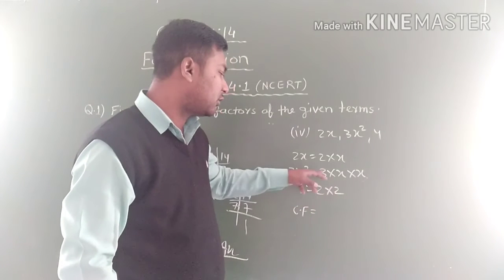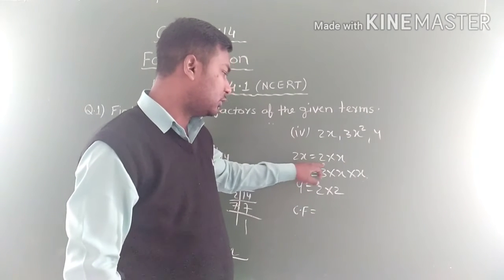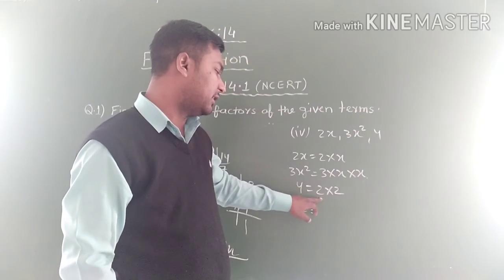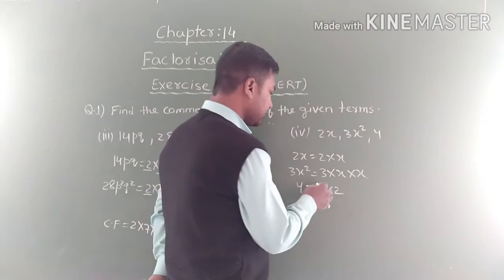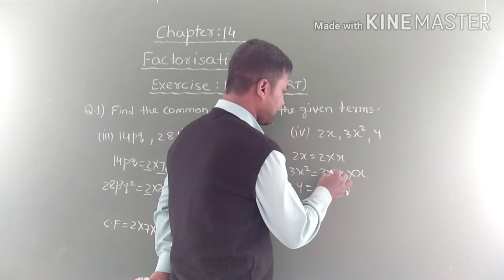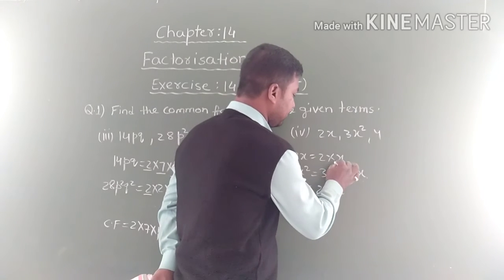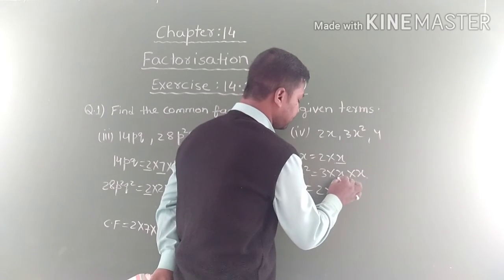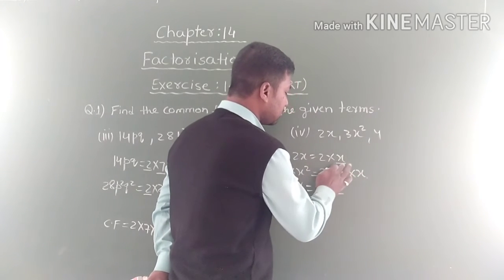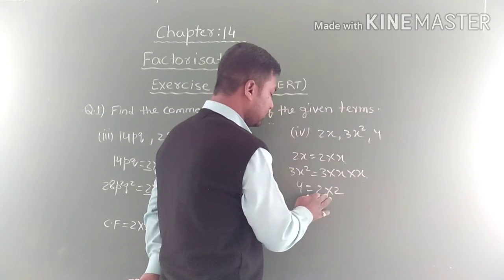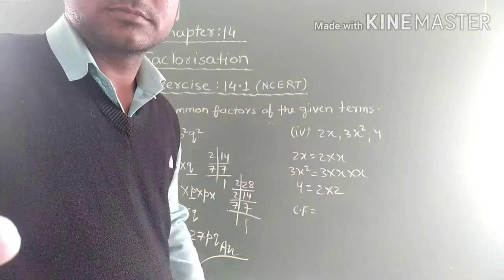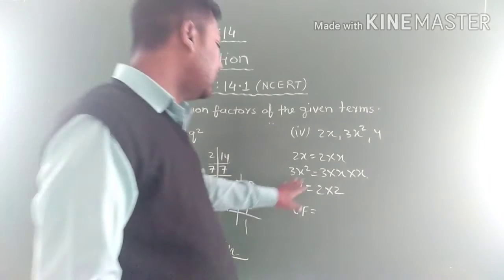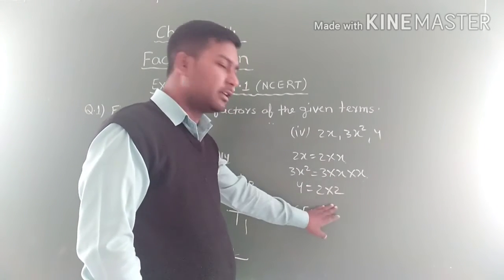Now 3 is also not common. Only x is here, which is common in two of them, but x is also not common, because 4 is 2 into 2. That means nothing is common here.